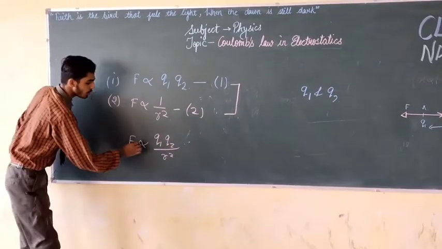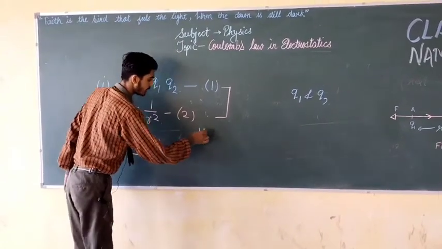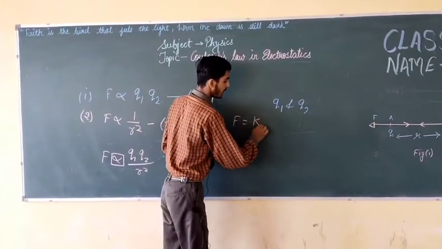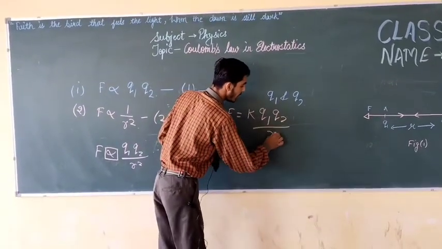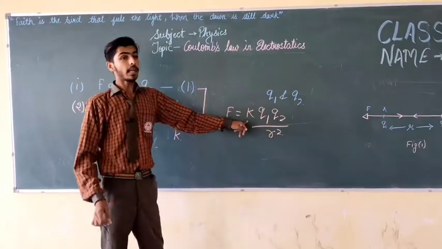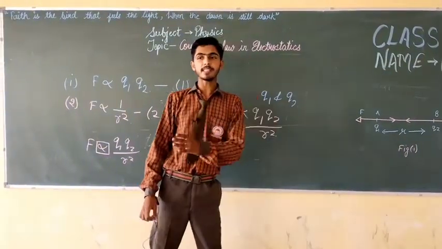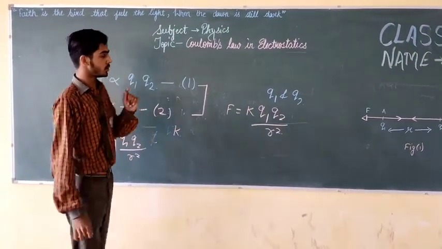To remove the sign of proportionality, we put K there: F is equal to K Q1 Q2 divided by r square, where K is the constant of proportionality whose value depends upon the nature of the medium and the system of units used.